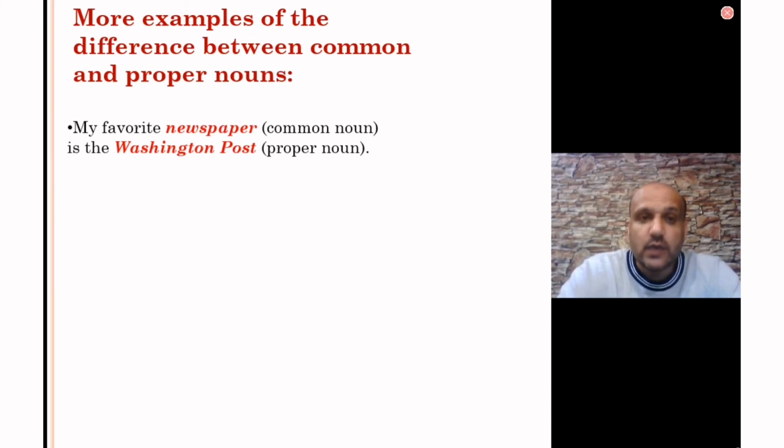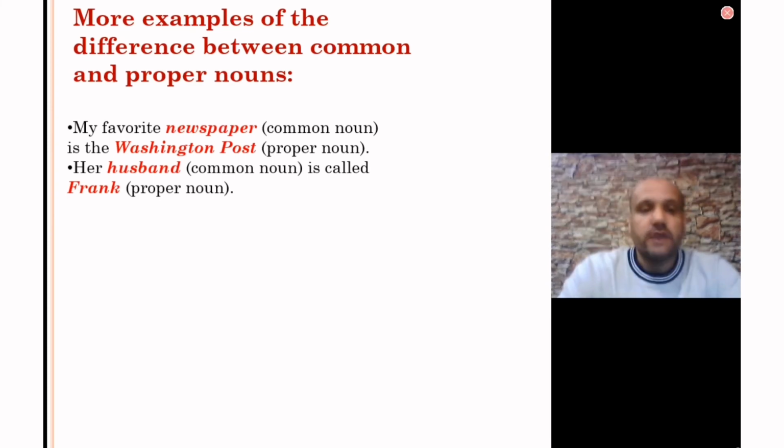But when I say Washington Post, I mean a specific newspaper. So Washington Post is a proper noun because it's specific, but newspaper is a common noun because it's a general word. Look also at the word newspaper. It starts with a small letter, and the Washington Post starts with a capital letter because it's a proper noun. So all proper nouns must start with a capital letter.